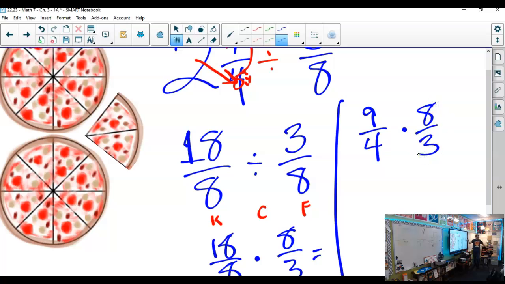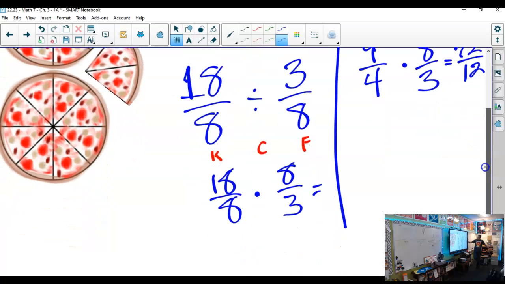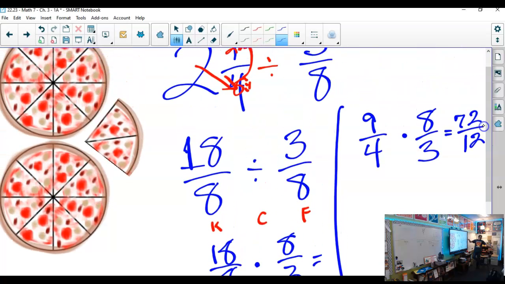So that's probably what your work got to after the multiplication. This is 72/12. If you went improper from up here, 2 1/4, that's 9/4. Or I went 18 8ths to actually talk about how many slices of pizza I have.